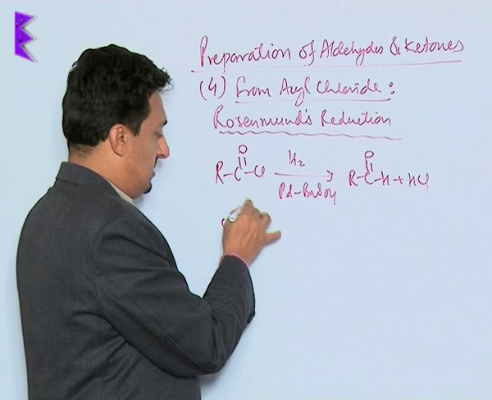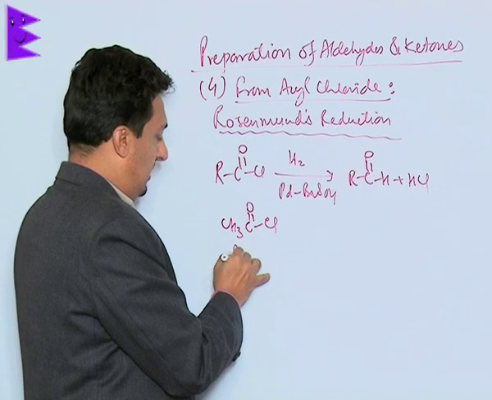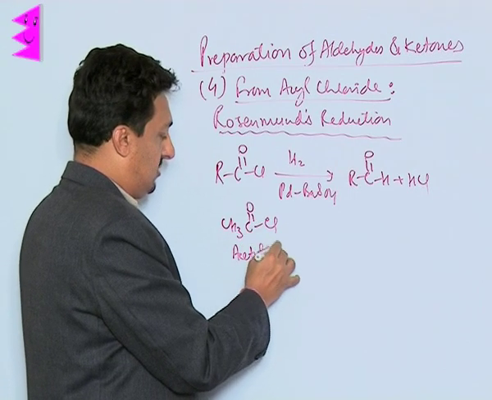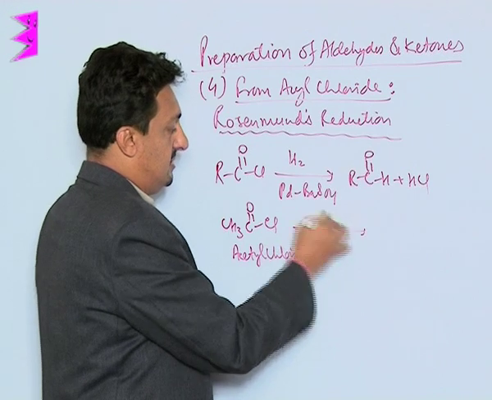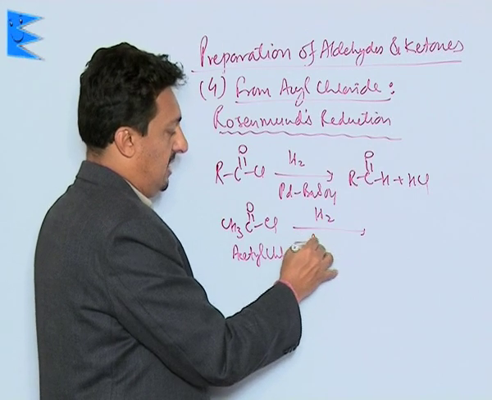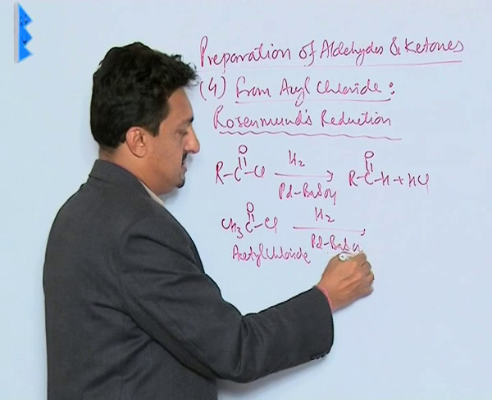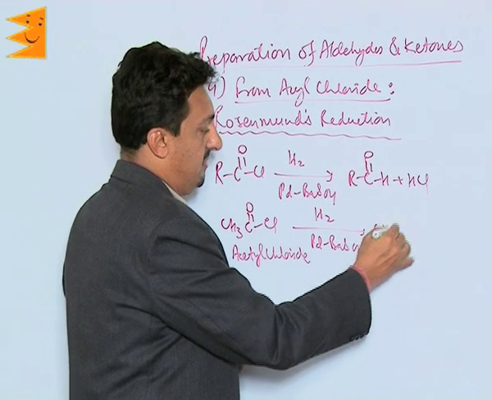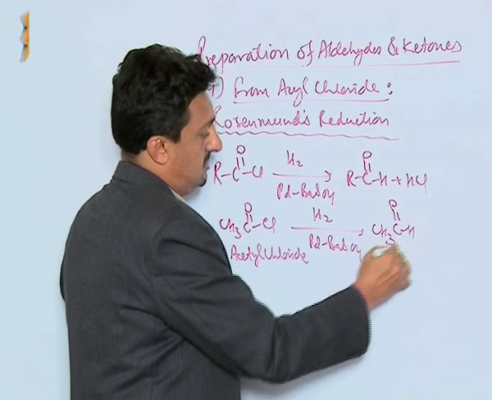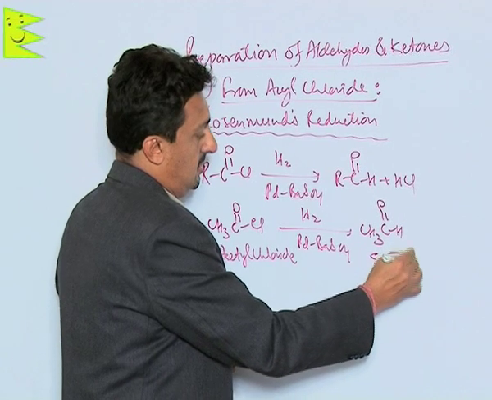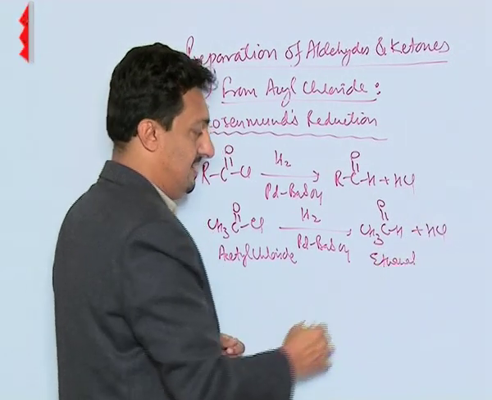If we have this one, it's called acetyl chloride. This on reaction with hydrogen, palladium, barium sulfate is going to give us ethanal, or acetaldehyde.